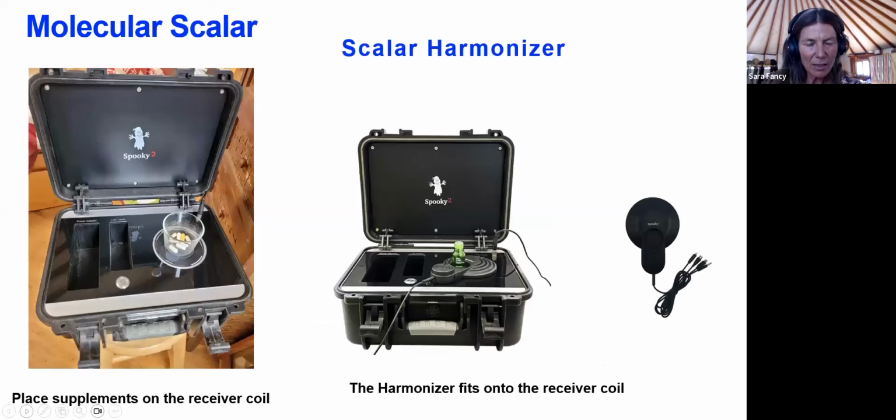Okay, so then you get molecular scalar. Okay, so this is another modality on the left here. And you'll see on my receiver box, I have a glass there and it has supplements in it. Okay, so you can put supplements, you can put herbs, oils, whatever you put on that receiver coil is gonna enter into the scalar field and your body is gonna absorb it along with the scalar.